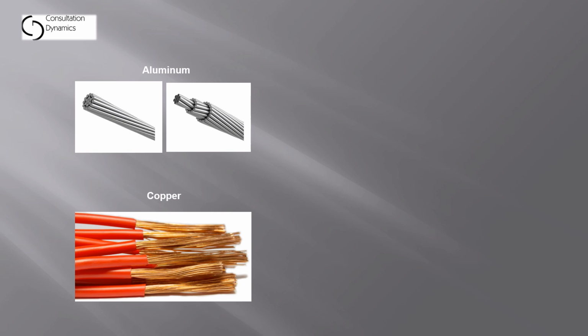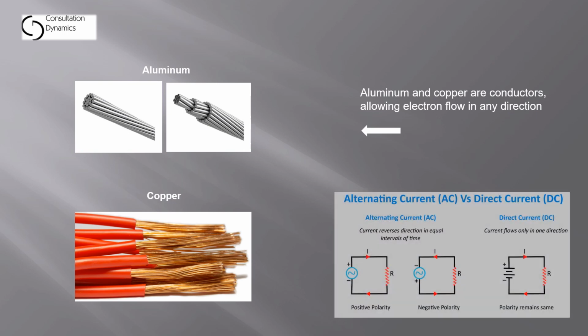Or long transmission lines. But both aluminum and copper are considered conductors. And as conductors, they allow electron flow in any direction, which is exactly what AC or alternating current power is. Alternating current is power that swings from negative to positive to negative to positive and continually back and forth.